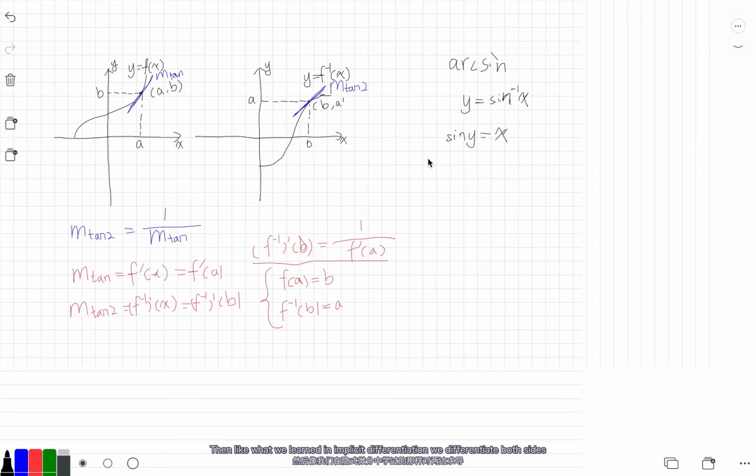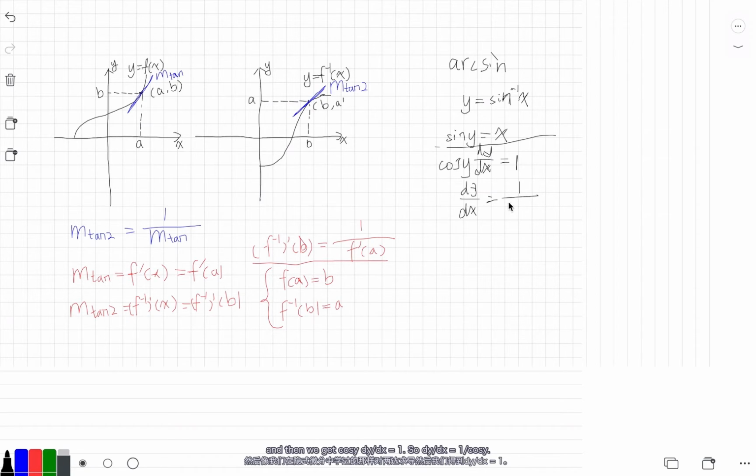Then, like what we learned in implicit differentiation, we differentiate both sides, and then we get cosine y times dy dx equals 1. So dy dx equals 1 divided by cosine y.